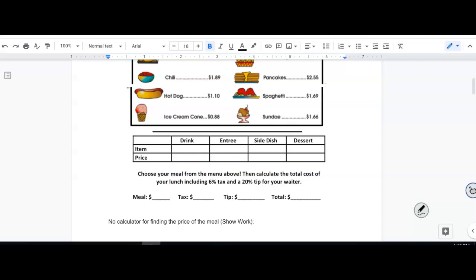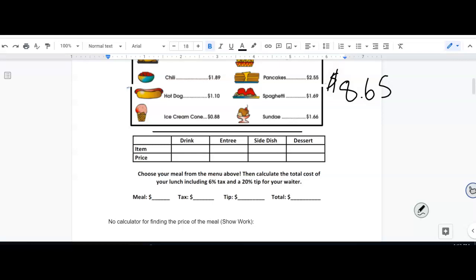Pencils down. Eyes up here. Okay. Let's say our bill is $8.65. I want to find the tax, which is 6%.